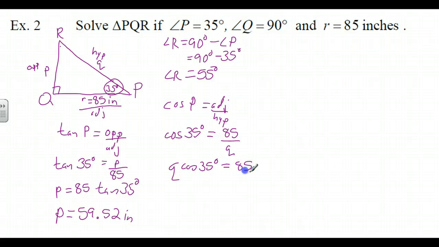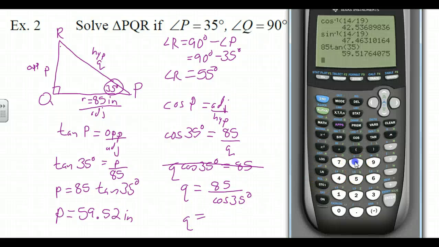The quick way is just to interchange these two and go q is equal to 85 divided by the cos of 35 degrees, right? That's the line that follows from this line I crossed out. You multiply both sides by q, then you divide both sides by cos 35. So q is 85 divided by cos 35.